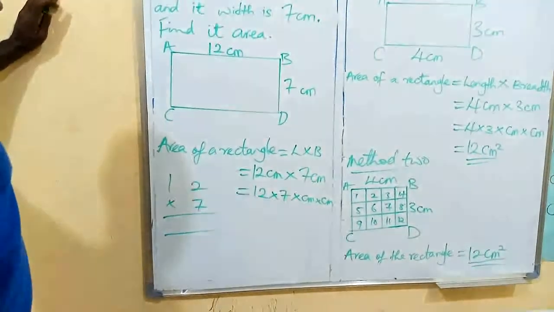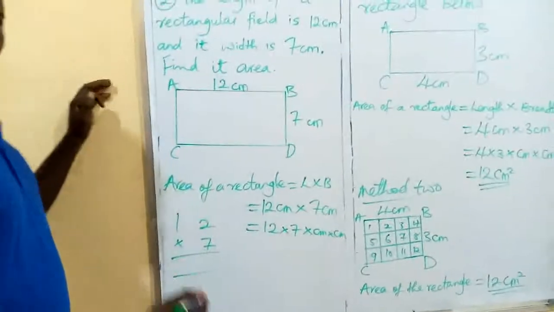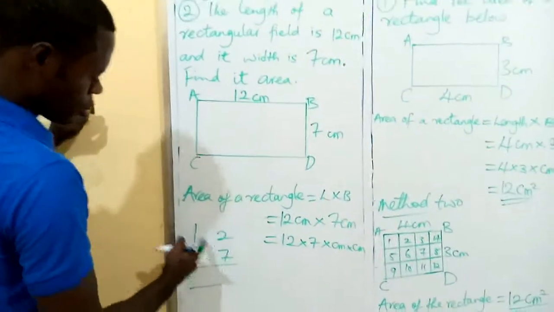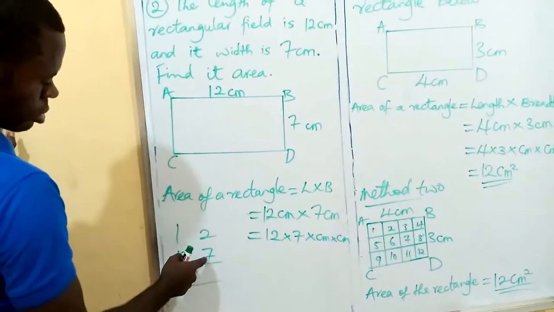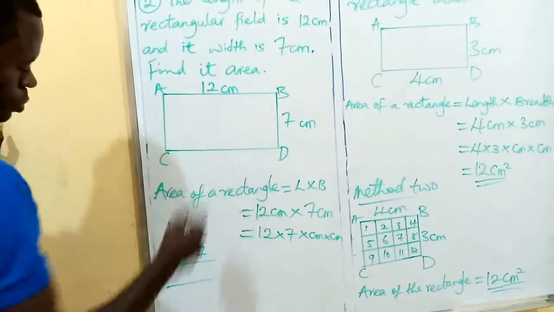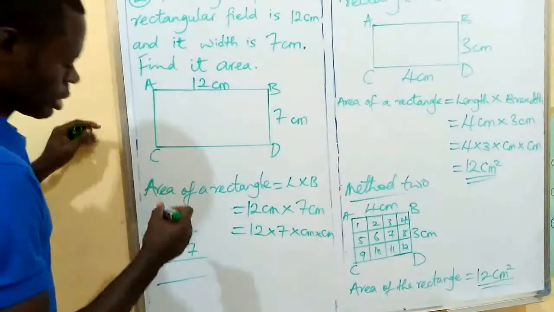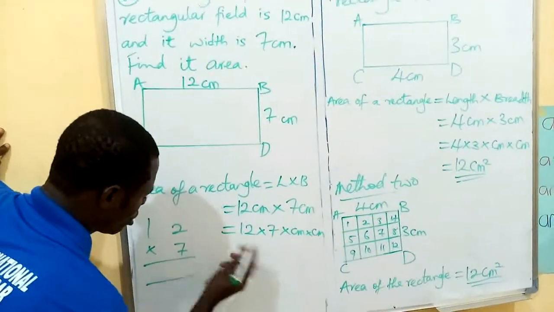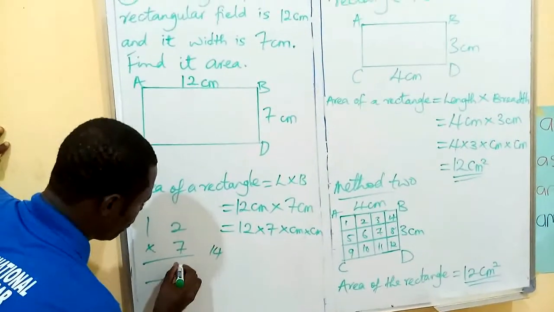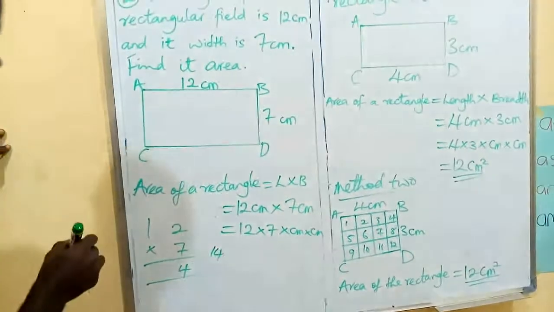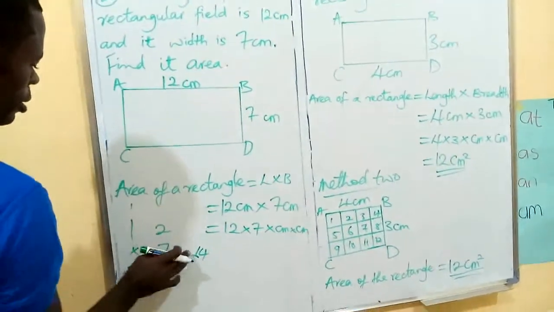This should be done in your rough work. I hope you understand that. We have here 12 times 7. 7 times 2 is 14. You write 4, and then you take this one over here.